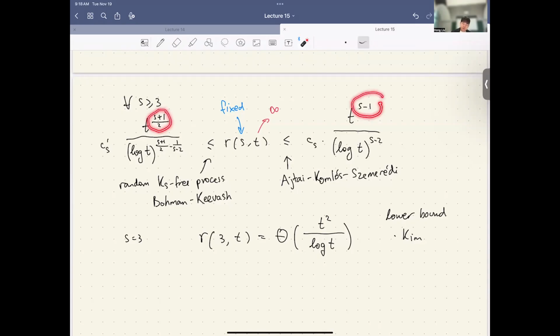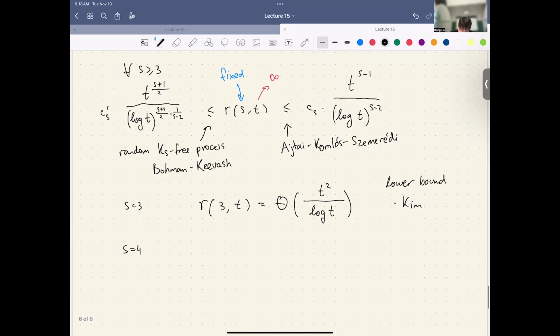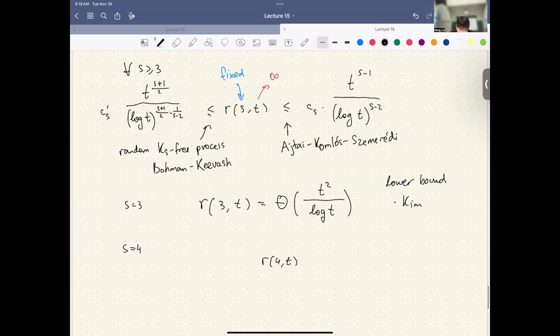But when s equals 4, the best known bound was that R(4,t) is at most (1+o(1)) t cubed over log t squared.